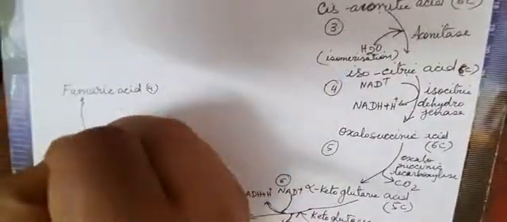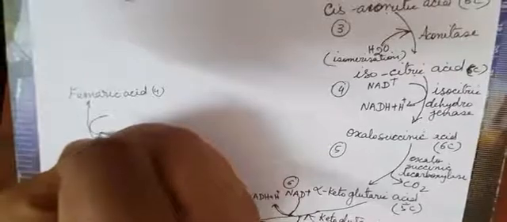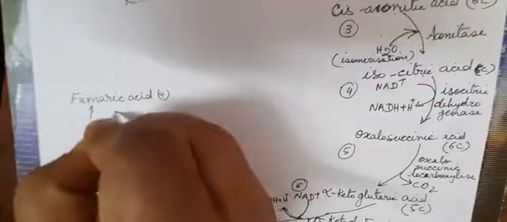Then succinic acid will get converted into fumaric acid. Again it is a 4-carbon compound, and in this reaction FAD will get reduced to FADH2 in the presence of the enzyme succinic dehydrogenase.